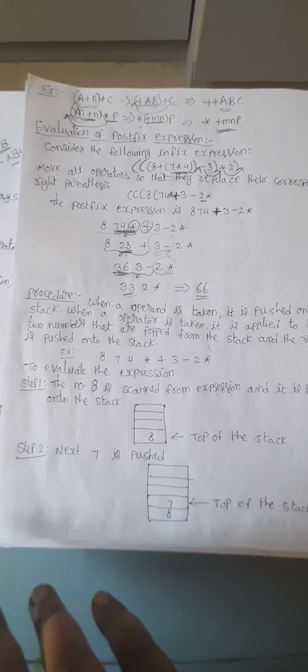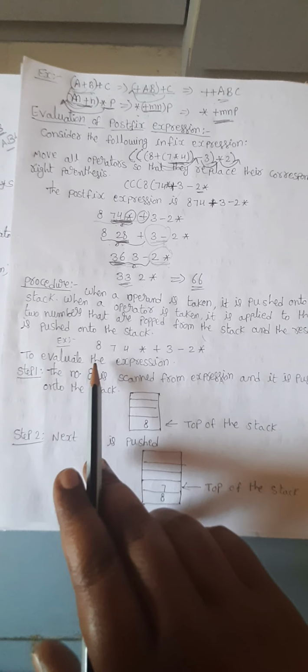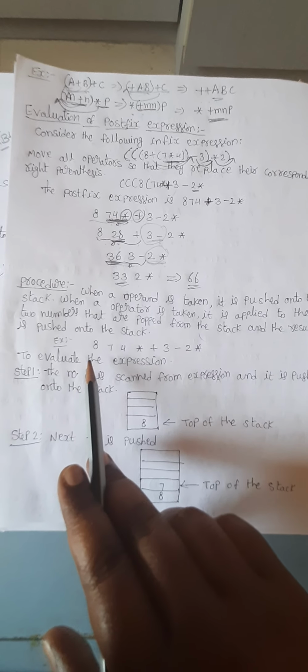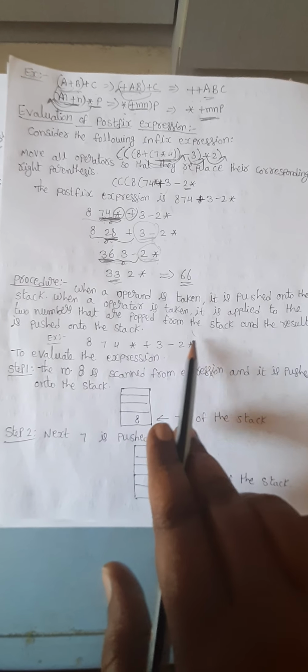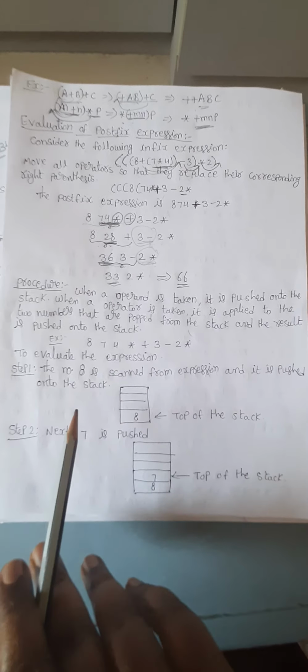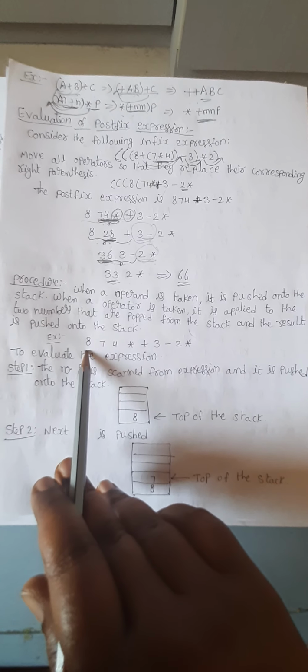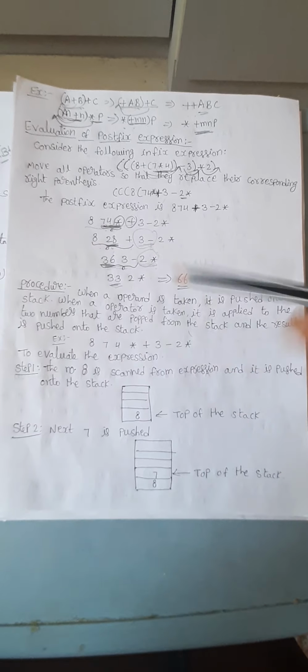And see this expression. I have given the procedure of how you evaluate it step by step. Here see this example, the same example I have taken: 8 7 4 multiplication plus 3 minus 2 multiplication. This is the postfix expression. See here the first step, the 8 we are scanning, we are pushing the 8 into the stack.